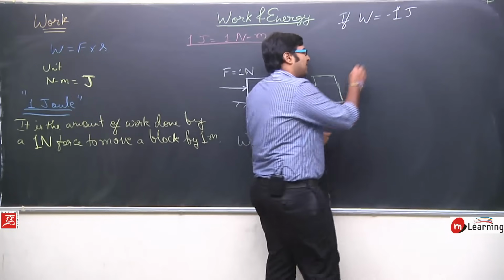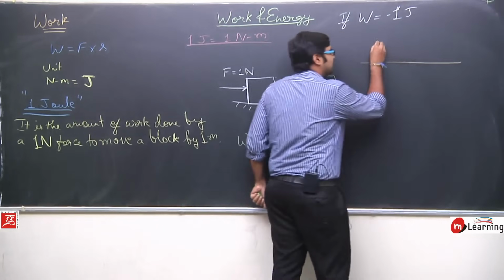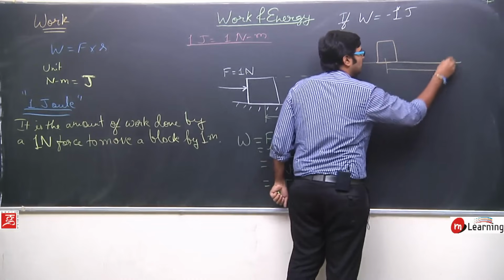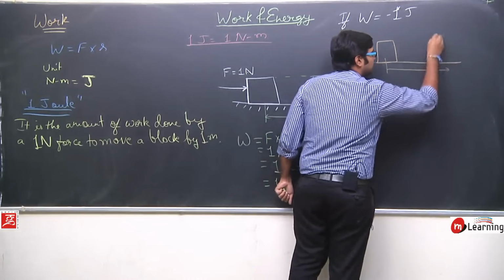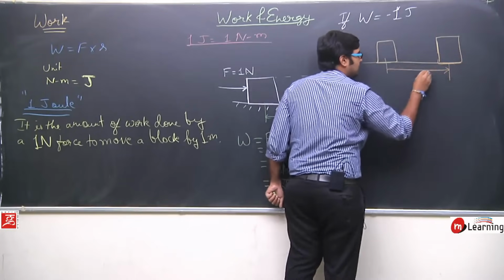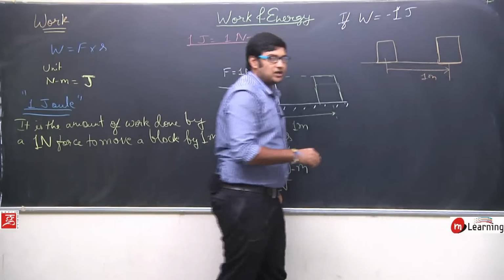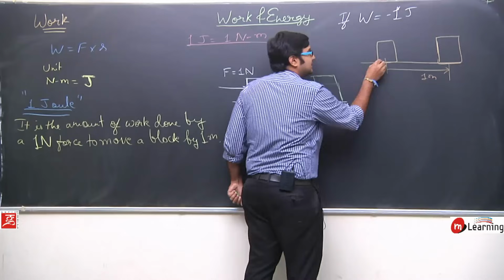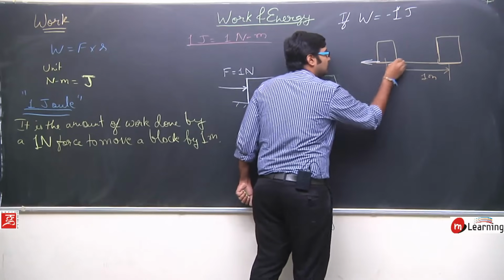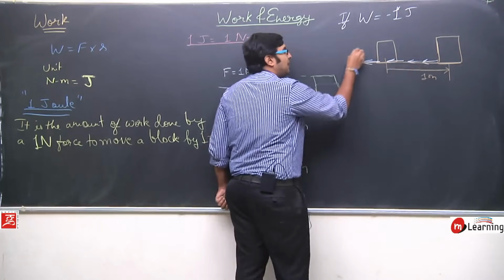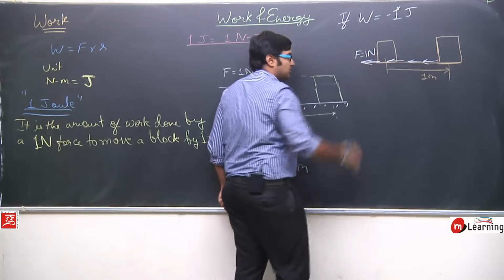It can happen if I have a situation in which this is a block and this block is moved by 1 meter to this position, and the force of friction is applied in this direction. The friction will always be in this direction, and let's say the friction applied is 1 Newton.